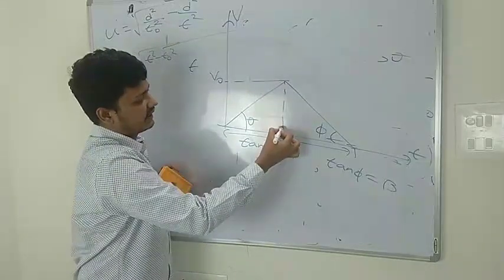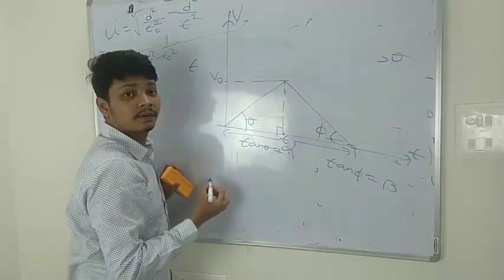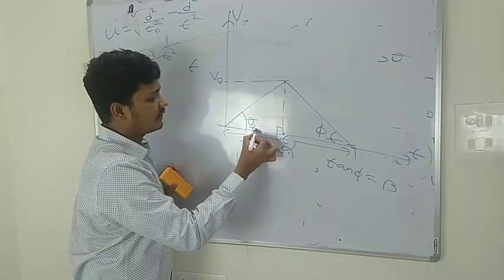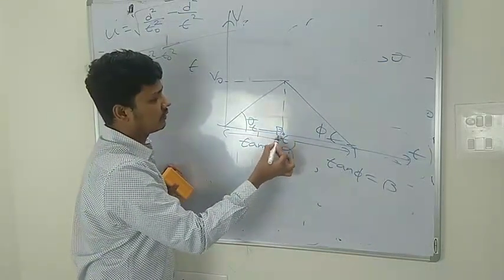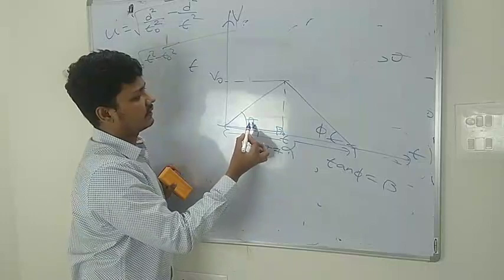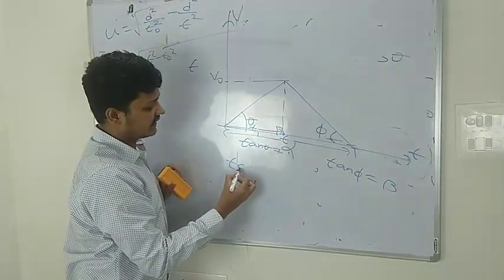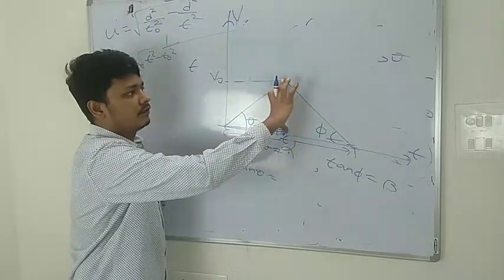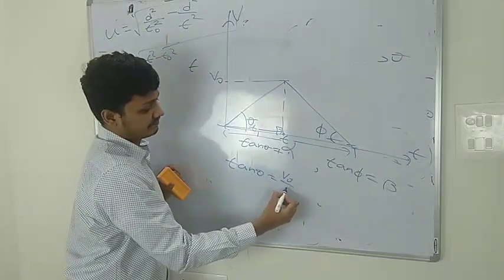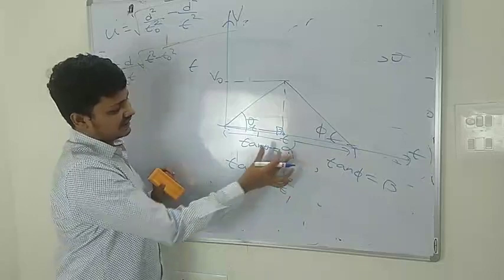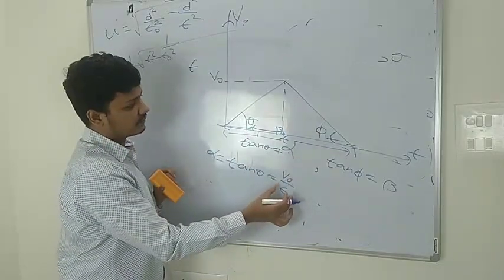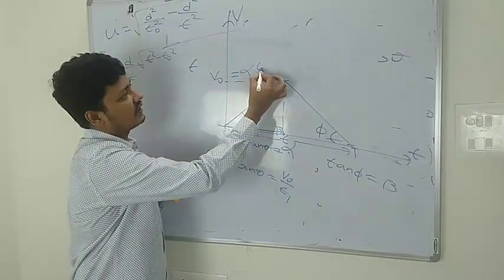Let me draw a line like this. If this time is t1, then tan theta is equal to v naught by t1, and tan theta is alpha, so v naught must be alpha t1.